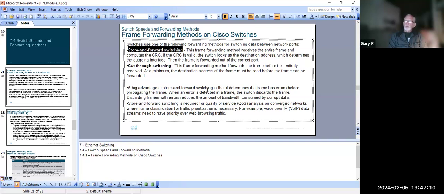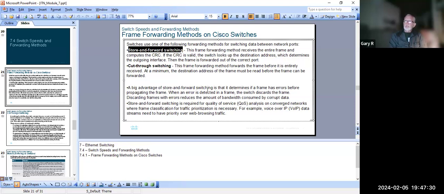When you have the results of the algorithm, you put the results into the trailer, and the results of that algorithm are called the frame check sequence. So the frame check sequence is the value, the CRC is the calculation.